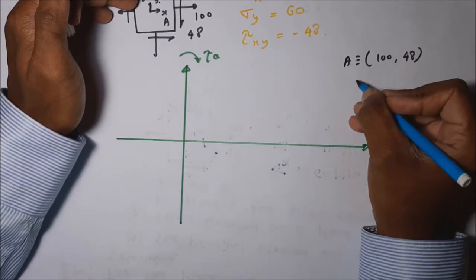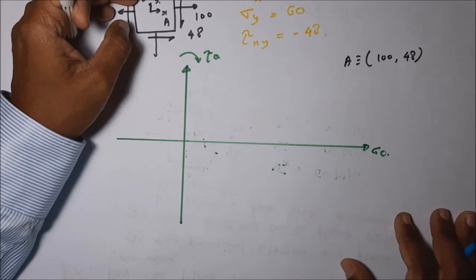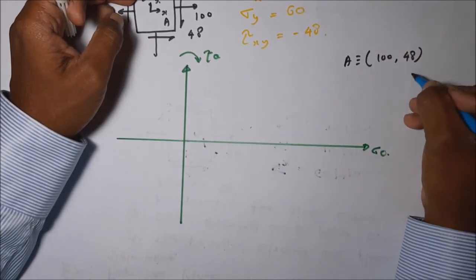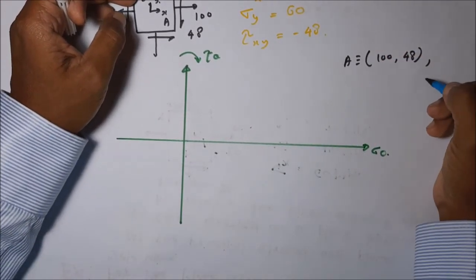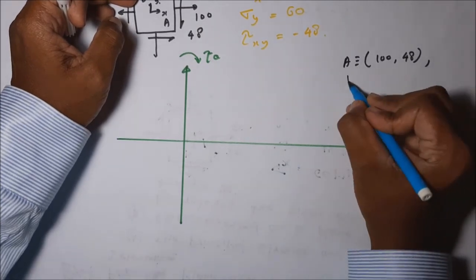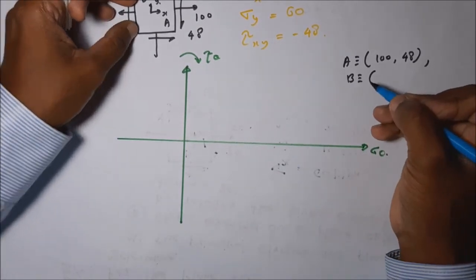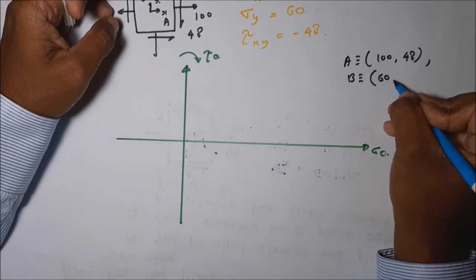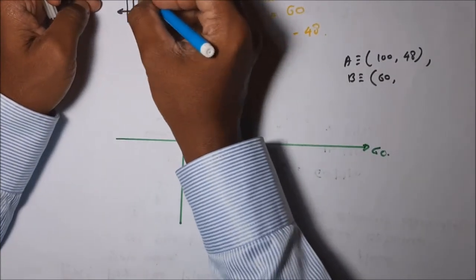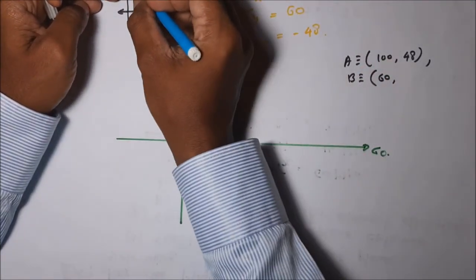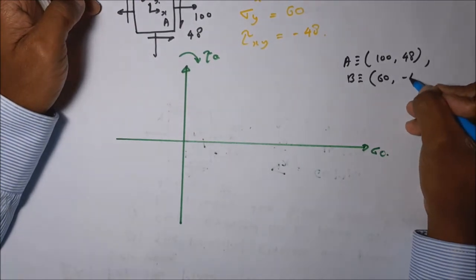So what is the B coordinate? B coordinate is 60, and here it is negative because it is anti-clockwise, minus 48.